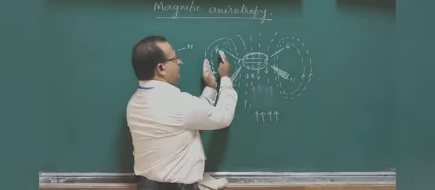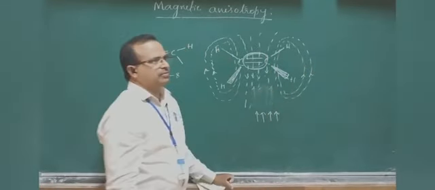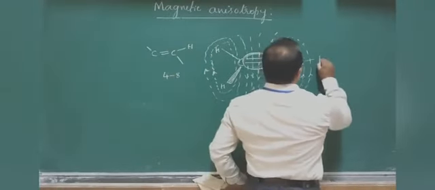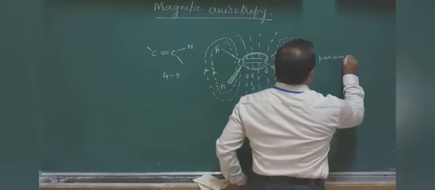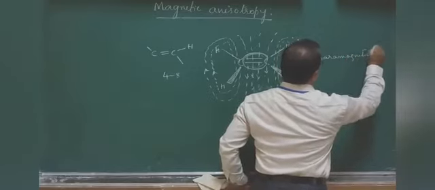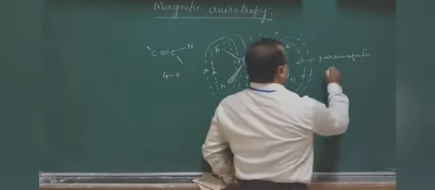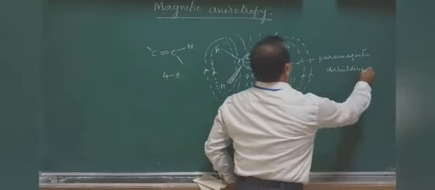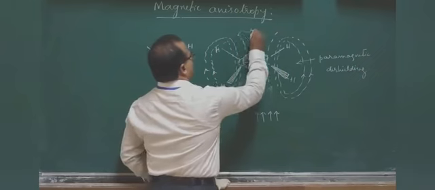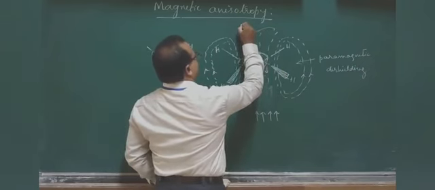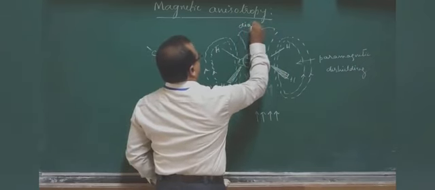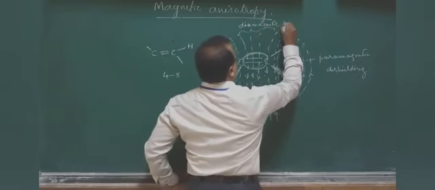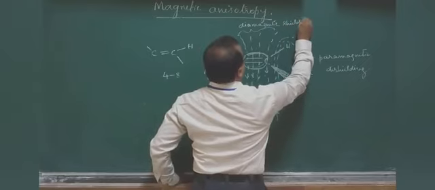And in the periphery, the induced magnetic field is aligned with the applied magnetic field, and we call it paramagnetic de-shielding. And in the center, we call it the diamagnetic shielding region.